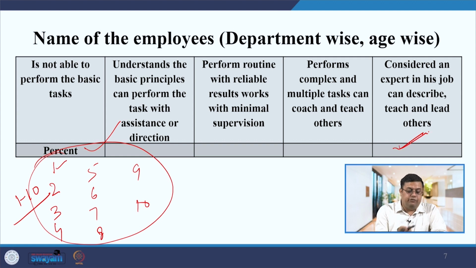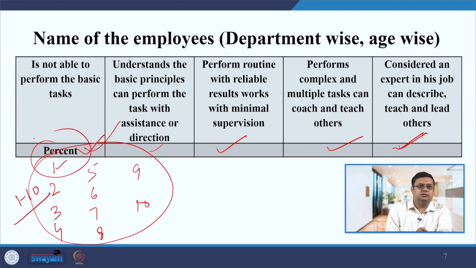If the department has 200 or 300 employees, you can present in terms of percentage, or in terms of number, how many people are in each category. If it is small, you can present it in numbers.